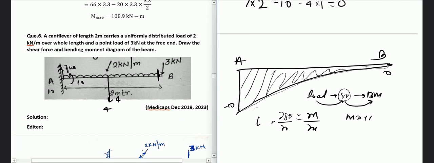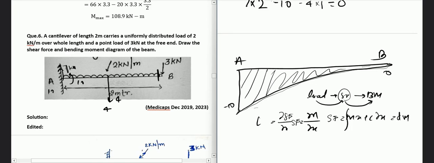Sorry, this should be that shear force is equal to dM by dx. So you can take dx to the other side. Let us say shear force is mx plus c, then you integrate, which will become your bending moment.